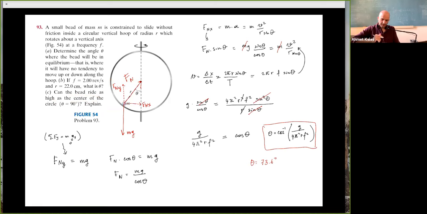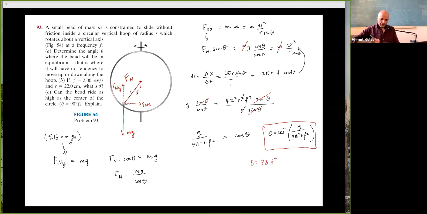Exactly. If you were here, gravity would pull you down. But we saw here that gravity was giving the normal force. Now there is no reason to have a normal force. So if there is no normal force, there is no circular motion.